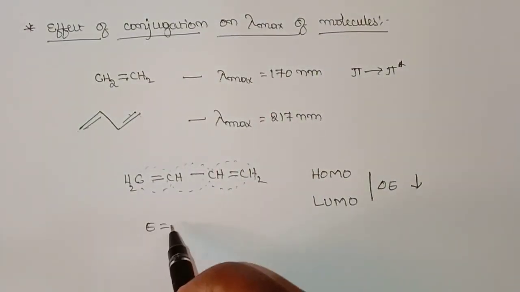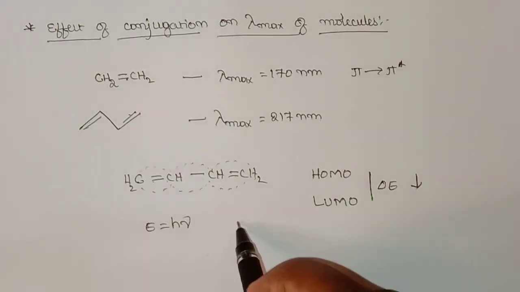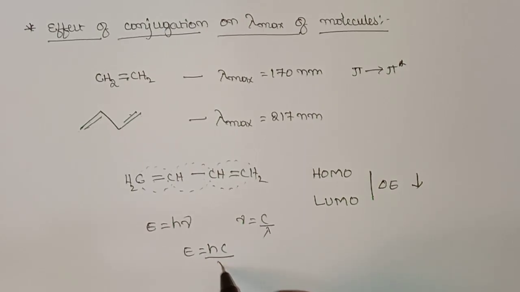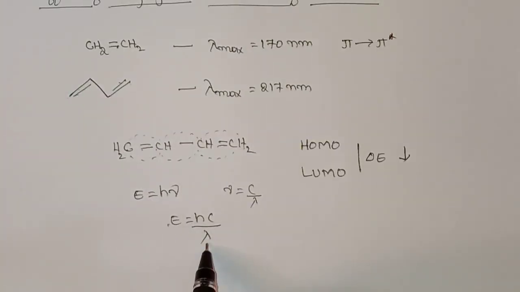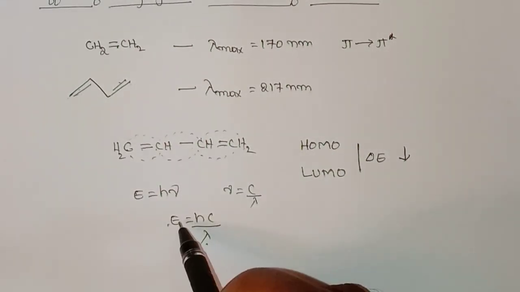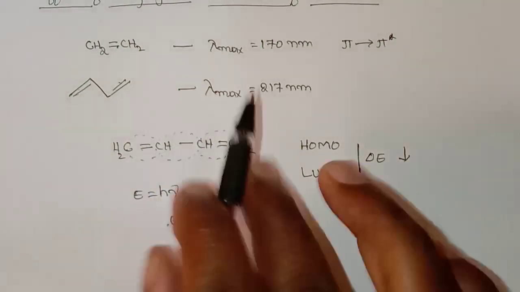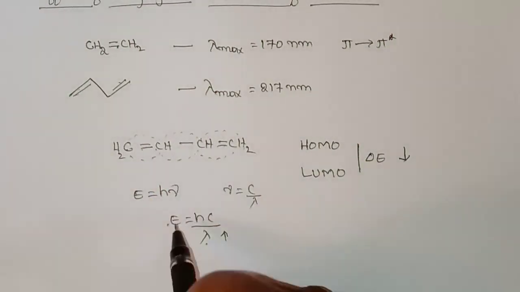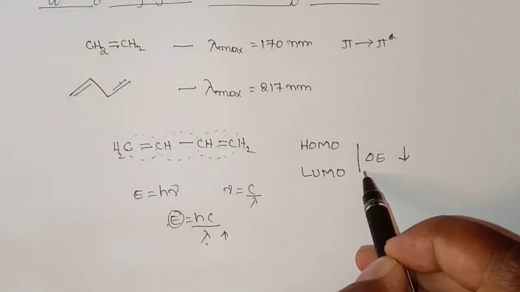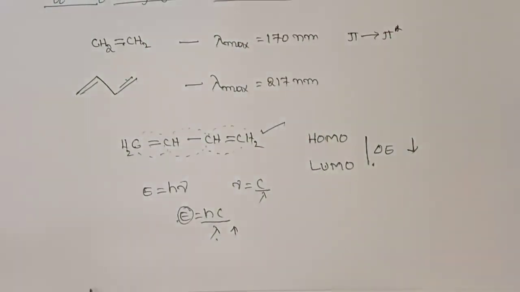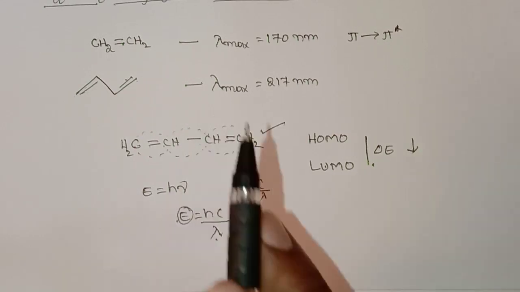We know from Planck's quantum equation that E equals h nu, or nu equals c by lambda. That is, E equals hc by lambda, so energy and wavelength are inversely proportional to each other. That means with a decrease in energy, obviously the lambda value will increase. So we can clearly say, since very little energy is enough to cause electronic transition from HOMO to LUMO in a conjugated system, the wavelength of the radiation should be higher.